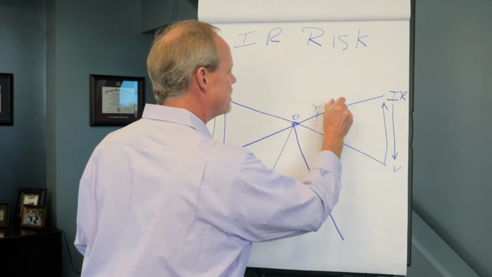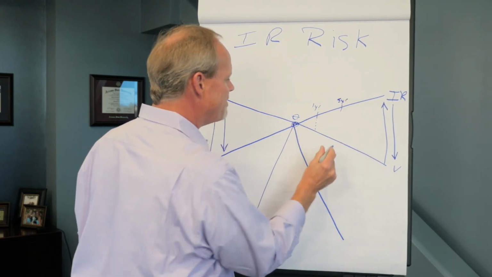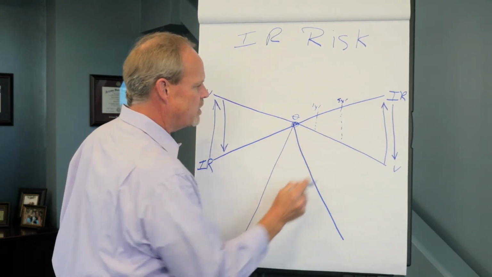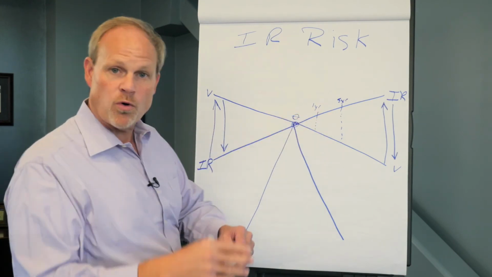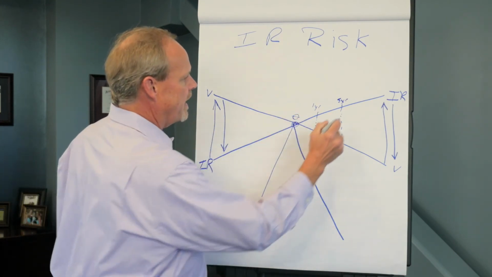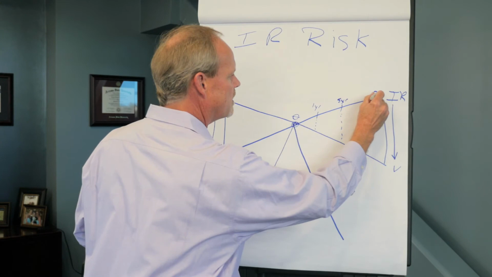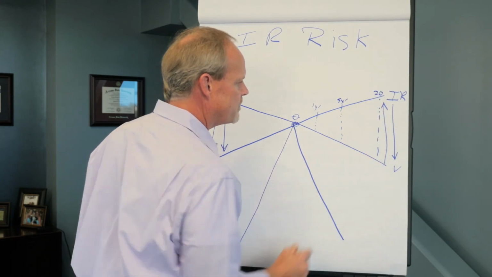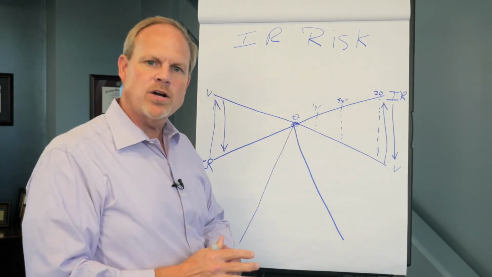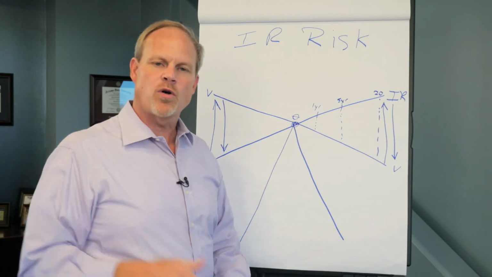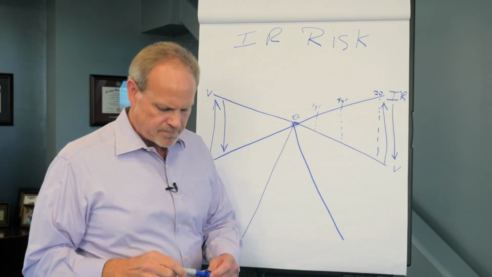If we go out 5 years, as you can see, we've got a greater dispersion or fluctuation, and the further out we go, it gets wider and wider, with more and more volatility.